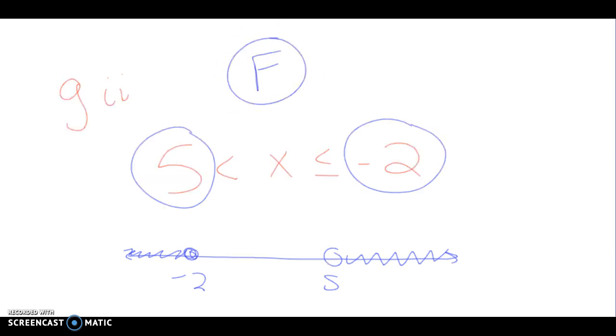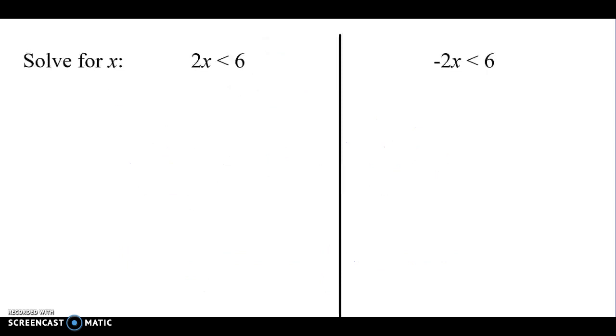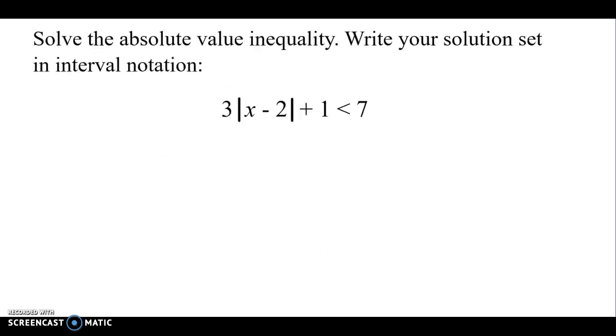Okay, and last thing for today is not in your packet, but I have 3 examples. Now we're going to apply all that we just learned to an absolute value inequality. I'm going to do this one with you, and then I'm going to have you do 2 on your own. Starting off, I'm going to subtract 1 over, just like your homework, to isolate the absolute value.